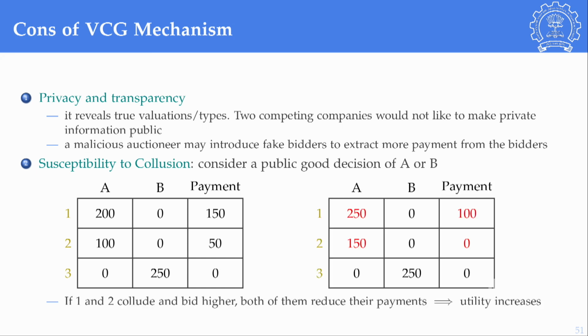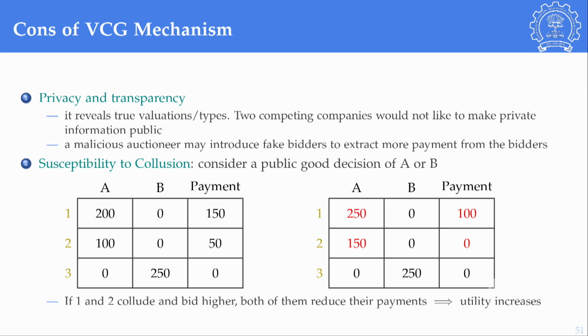Now, suppose agents 1 and 2 decide that, okay, we are anyway getting what we are deciding, A, the outcome does not change. Let us increase our valuation report. It will not work if exactly one agent changes its valuation, because VCG is truthful.